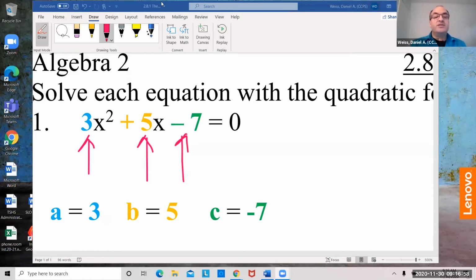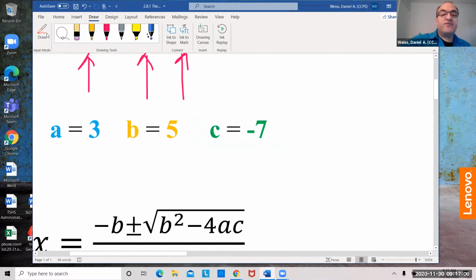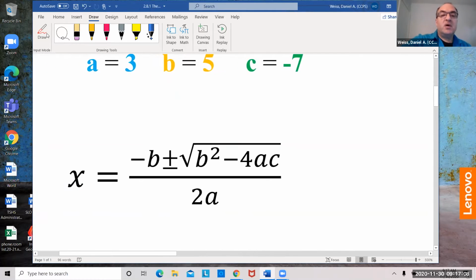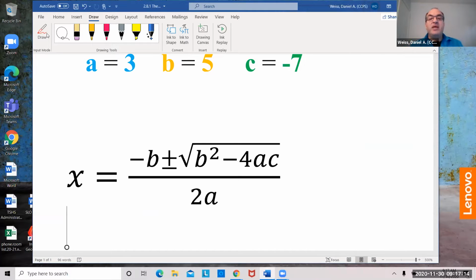Okay. So A equals 3, B equals 5, C equals -7. What you're going to do is use this formula. X equals -b plus or minus the square root of b squared minus 4ac all over 2a.